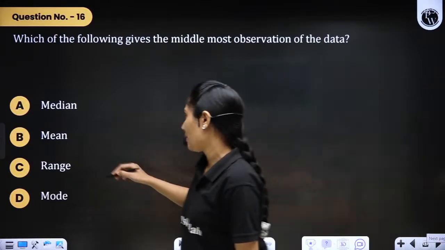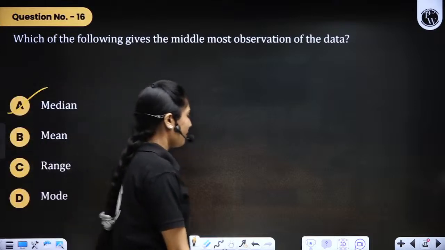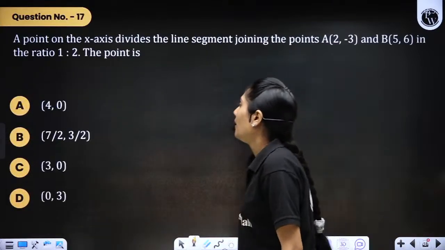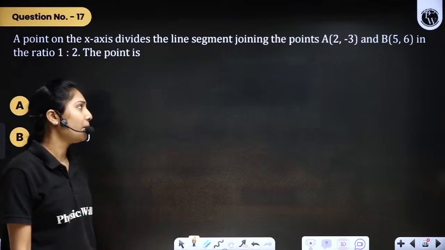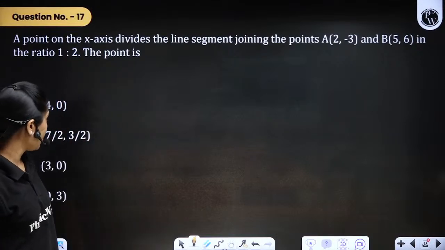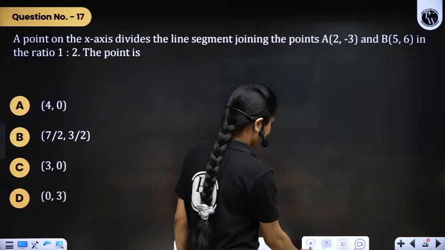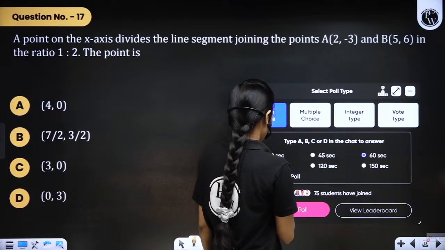So, option number A. A point on x-axis divides the line segment joining the points in the ratio 1:2. The point is, use the section formula here and calculate it.